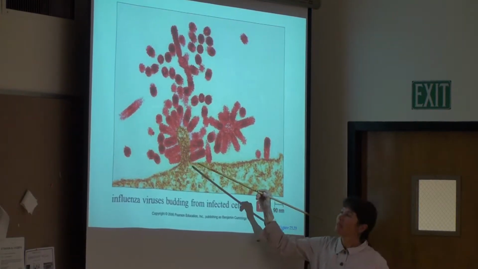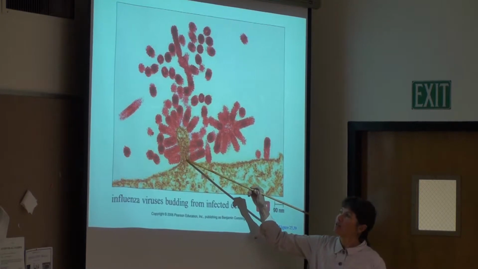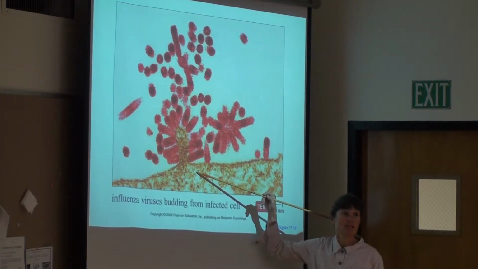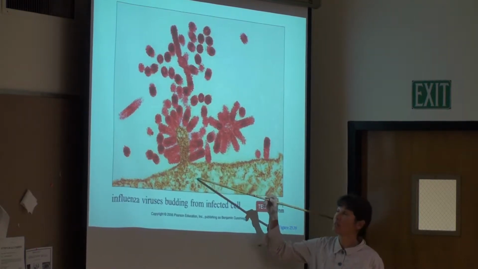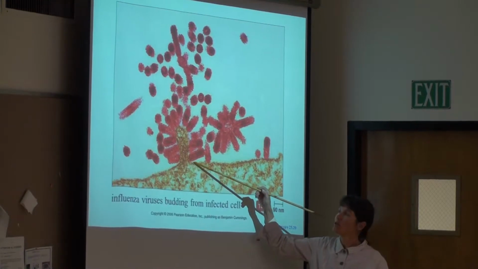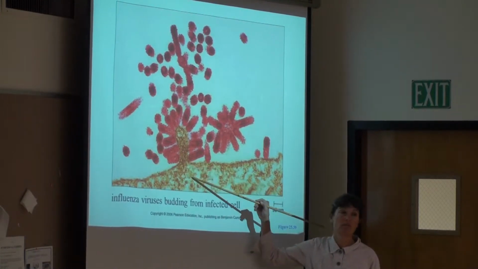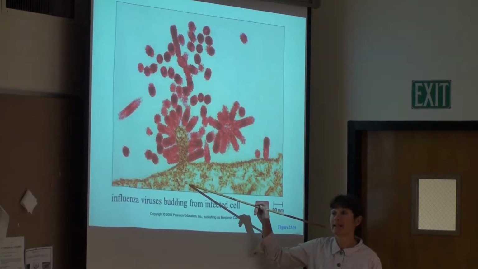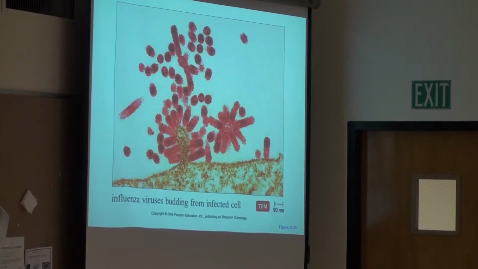Because if I was a virus, I wouldn't want to reinfect this cell, because maybe this cell is going to die pretty soon. I might not be able to complete my replication cycle. So it makes kind of evolutionary survival sense that you wouldn't want to reinfect the cell you just escaped from, because that cell might be on its way to dying. Okay, so that neuraminidase function, very cool stuff.